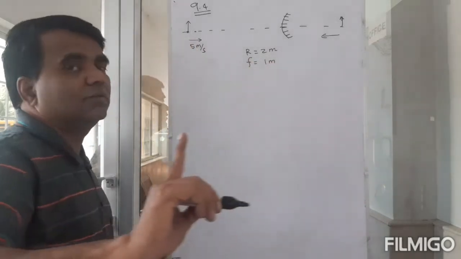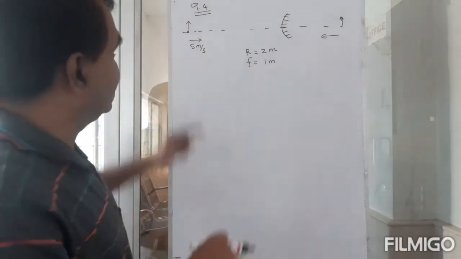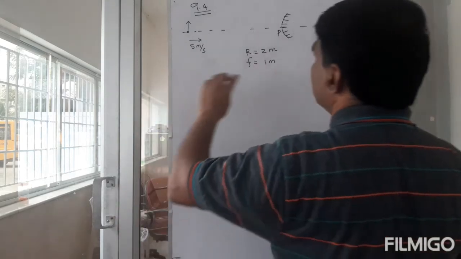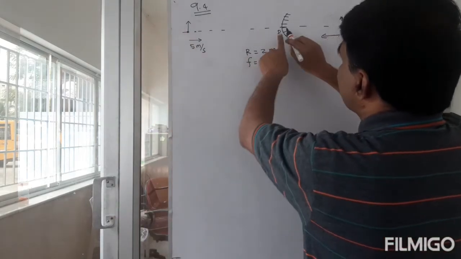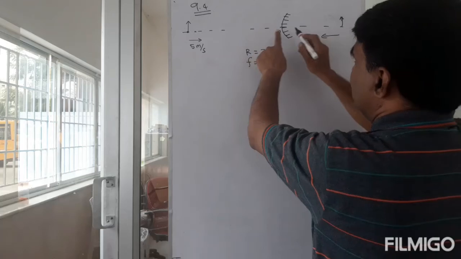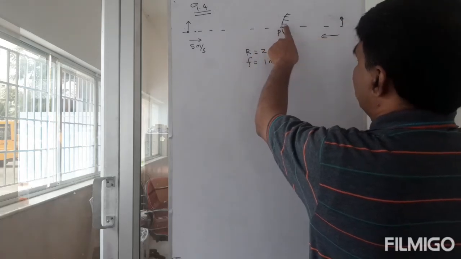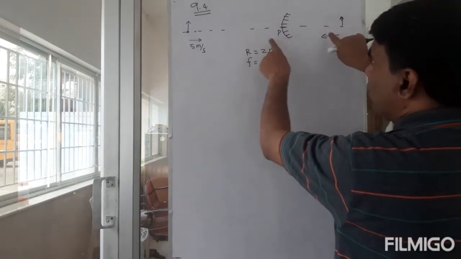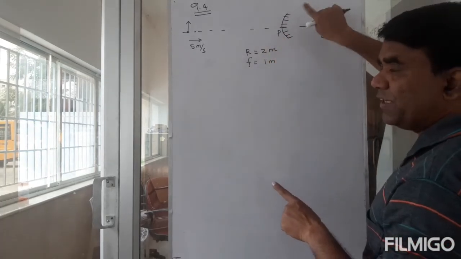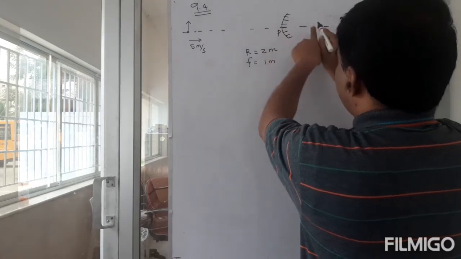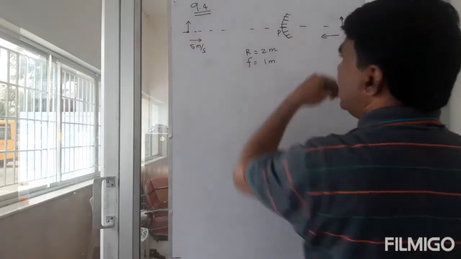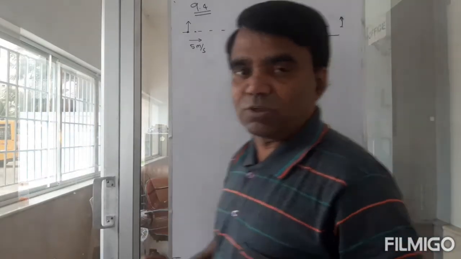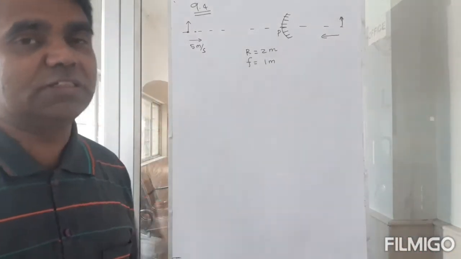Wait, what's the sign? This is where the object is, this is where the pole is. Where is my radius? It's on the other side. So how am I going to measure it, from here to there? In the direction of light. So this will be positive 2, and the focal length of this convex mirror is also on this side. From P to F, I am measuring in the same direction, the direction of light, so that is also positive, 1 meter. I am not going to put a negative into it, so I am good with the sign.